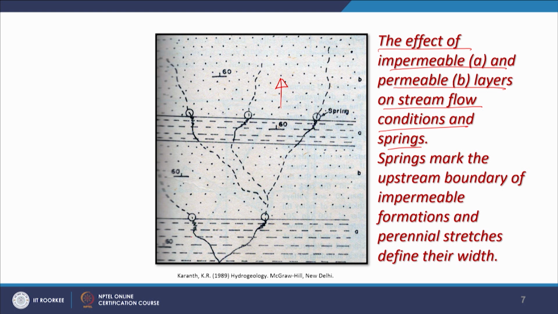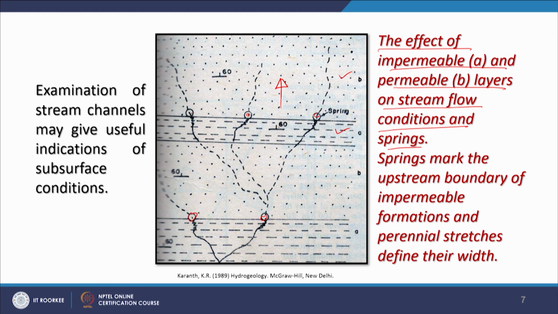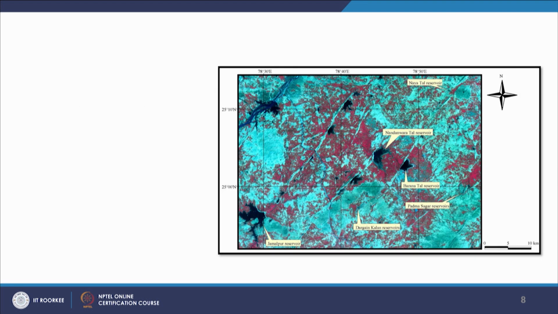So you can predict where it is possible to have springs, like here, here, here, and here, because you have impervious layers and more pervious layers, and so on. Different kinds of setups will help us find springs, stream channels and other things. By this you can get a lot of information even about the subsurface conditions and availability of water.